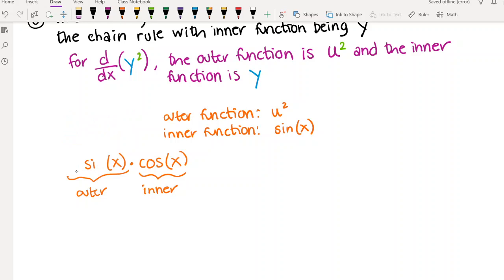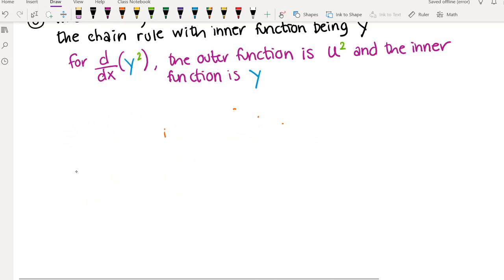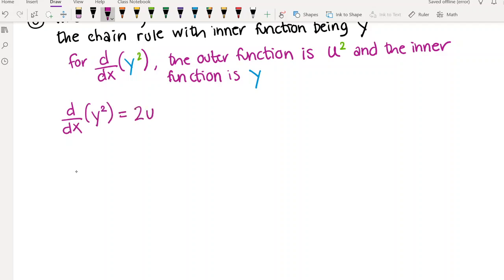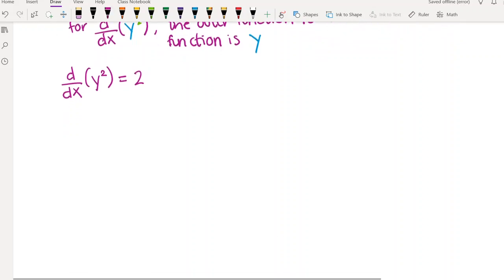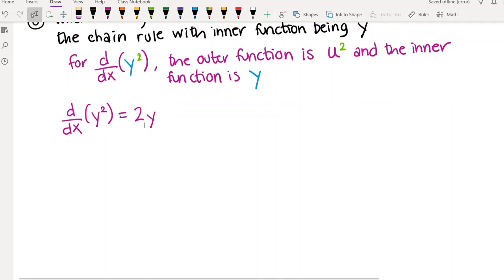Or I shouldn't say exactly, but it's going to be very similar. So if the outer function is u squared, well, when we take the derivative of that, we get 2 times u, right? So d/dx of y squared is going to equal 2 times u, which we can then replace the u with y, right? Because just like in the example I just erased, when you're doing the outside part of the derivative, you leave your original inside function where it is.